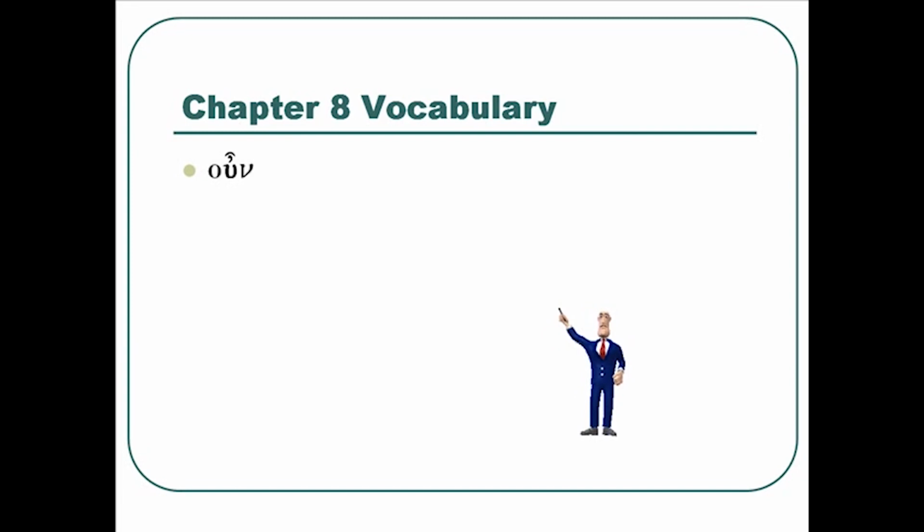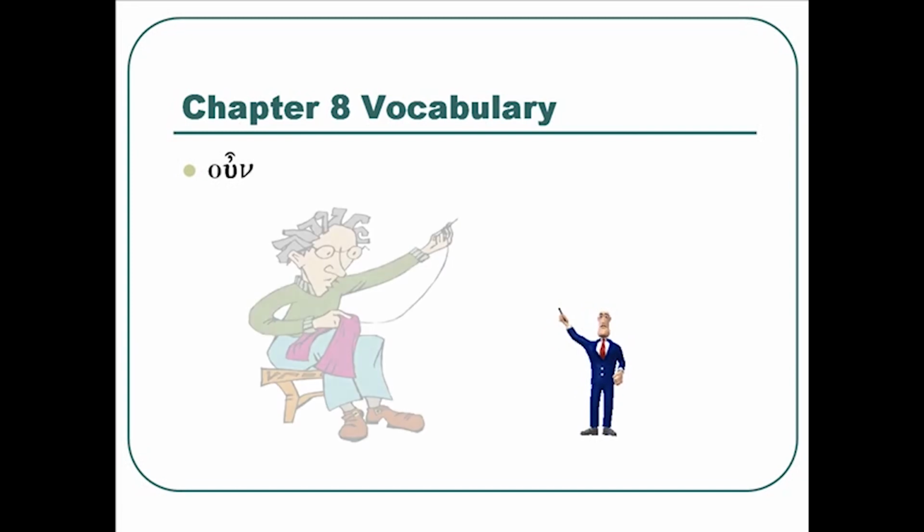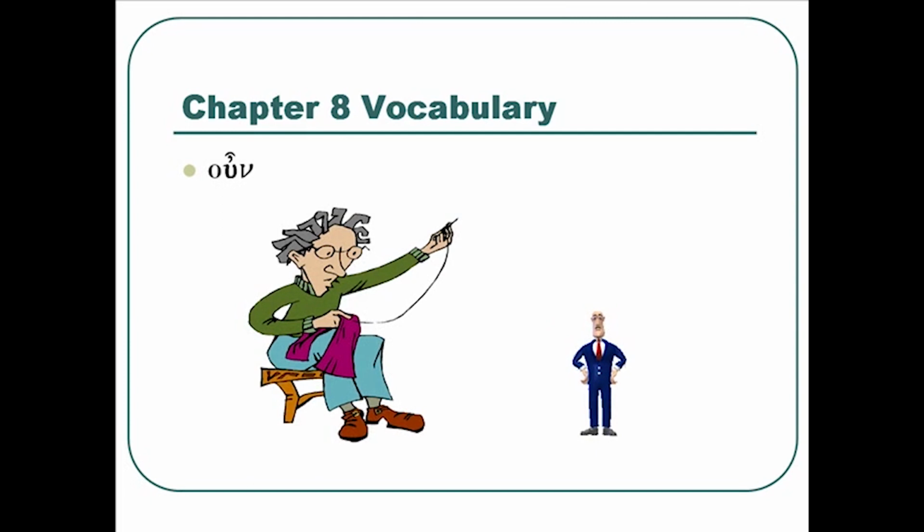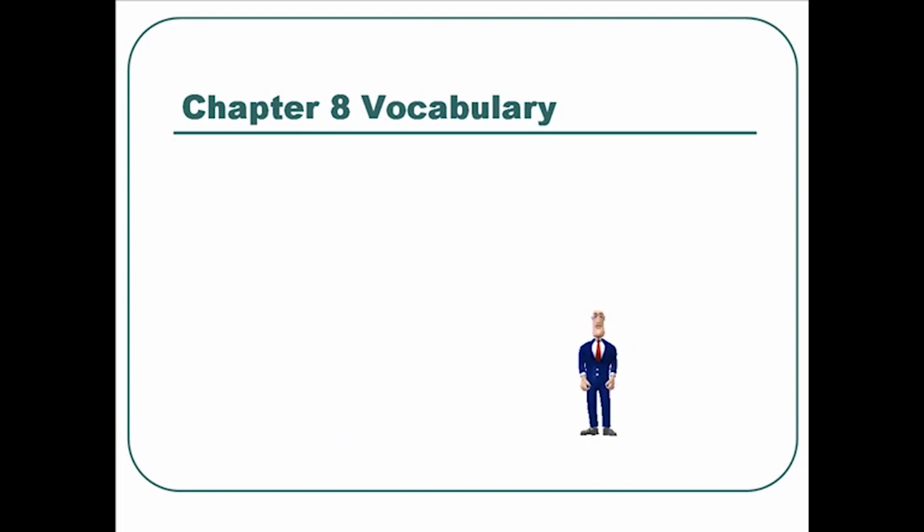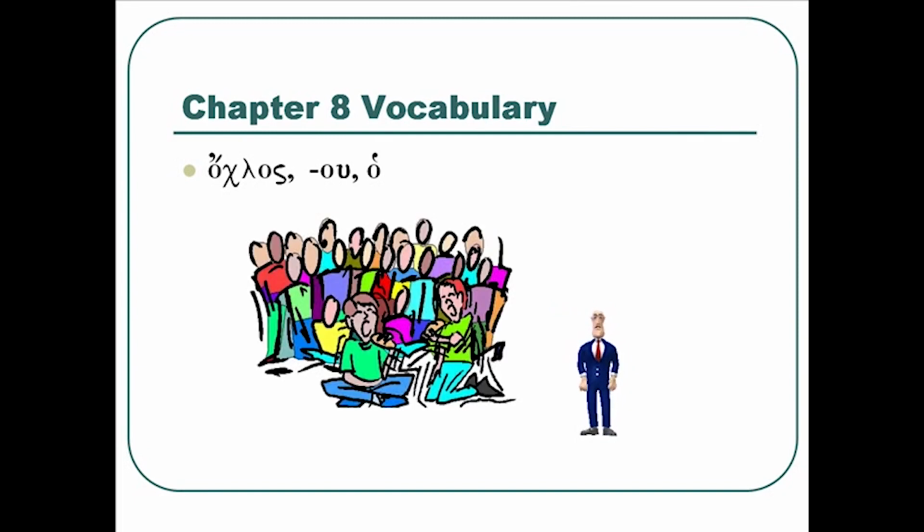The sixth word is oun, and it means so, then, or therefore. The seventh word is ochlos, and it means crowd.